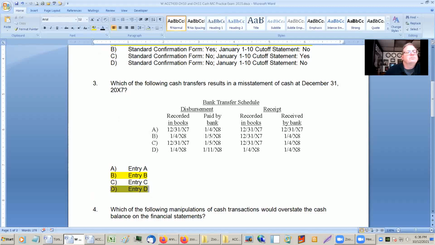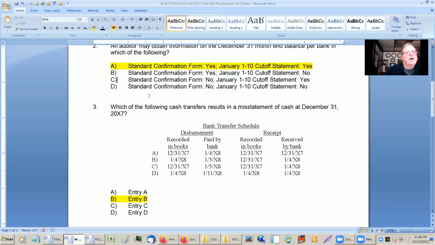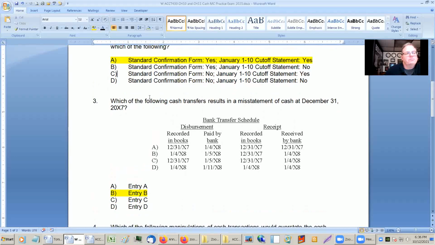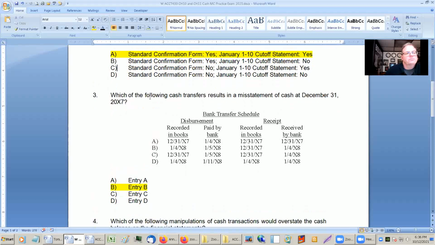What was the answer for number 2? A. Okay. B is the correct answer here, the one you guys picked.